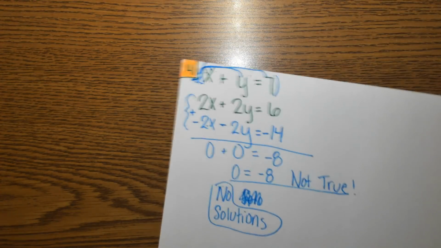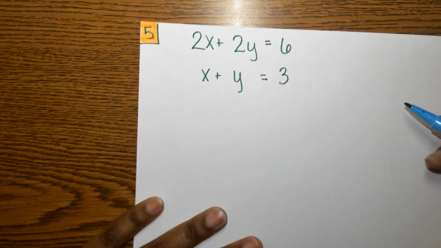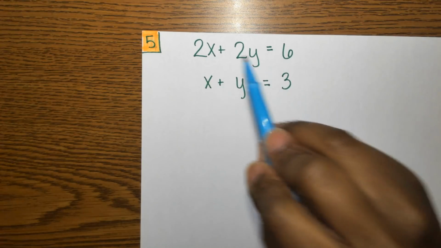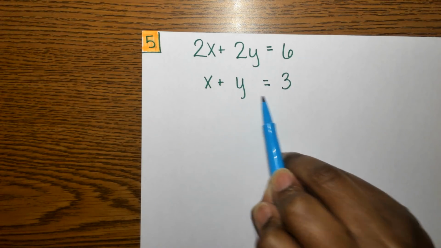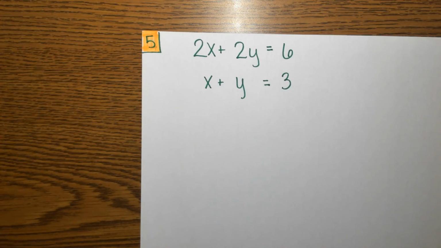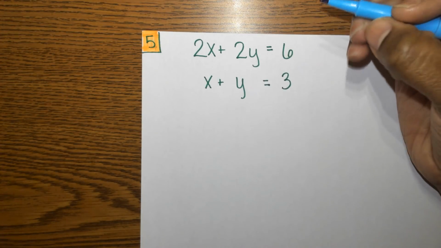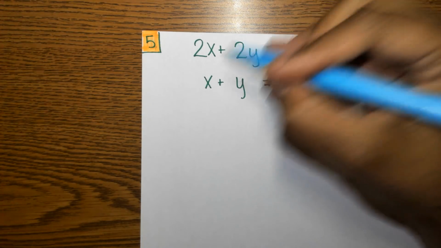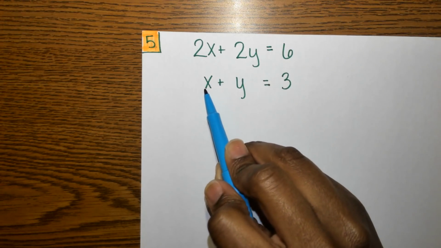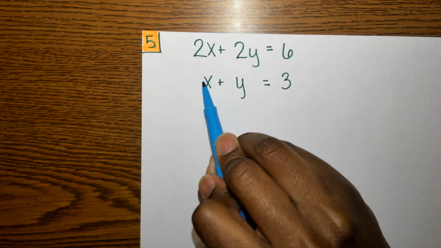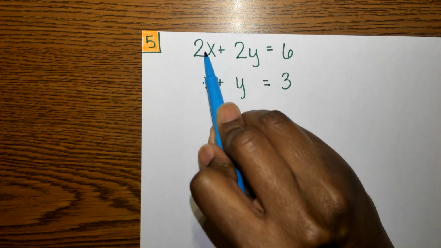So let's try another one. Try one more. This last one, what we have here is 2x plus 2y equals 6, and x plus y equals 3. So on this one, I'm going to try to get my 0 pairs. So I'm going to get my 0 pairs by multiplying this second equation by negative 2, because if I multiply this by negative 2, these two will cancel each other out.